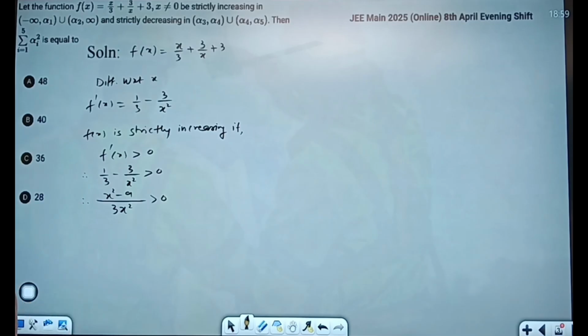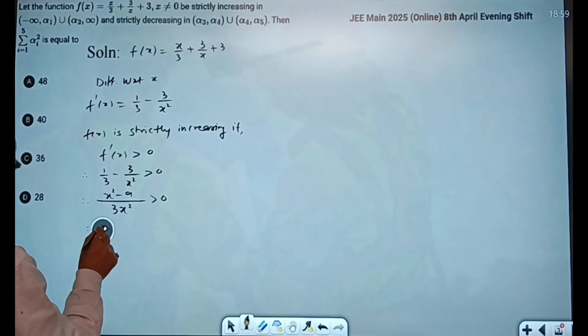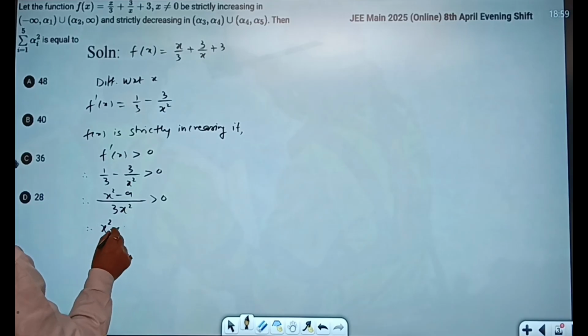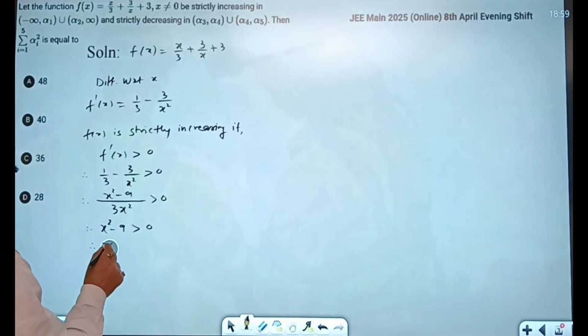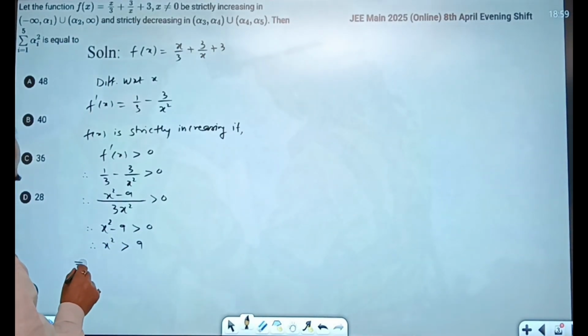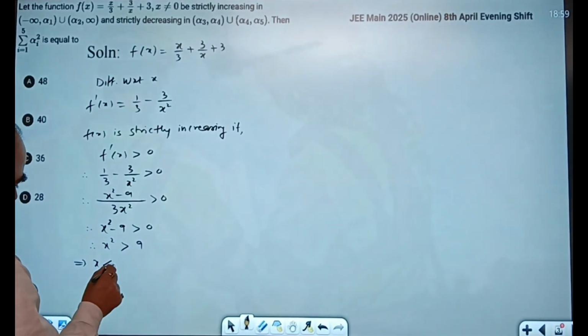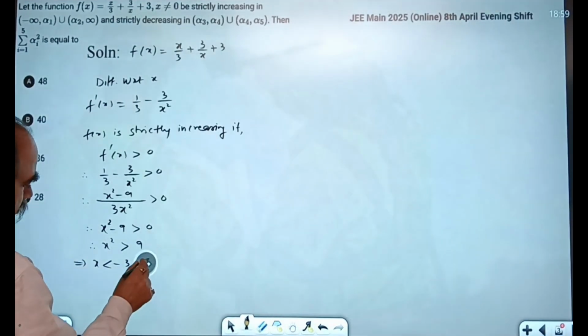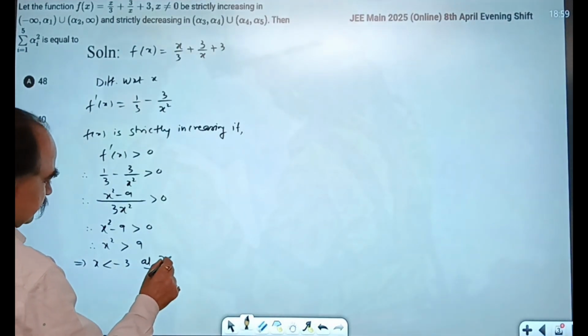Now denominator 3x square is always greater than 0, that means numerator has to be greater than 0. x square minus 9 greater than 0, so x square greater than 9. So this implies x is less than minus 3 or x is greater than plus 3.